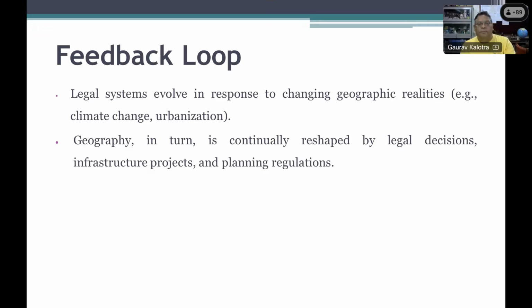New laws come with changing geographic realities, and geography shapes the legal decisions, for instance in an infrastructure project: how much area should be kept for recreation and other activities, how much for commercial, how much for residential. So all these, this is a feedback loop. One after another, it comes and goes.